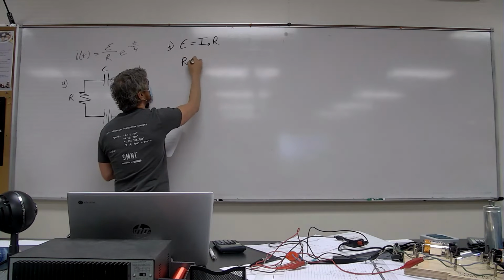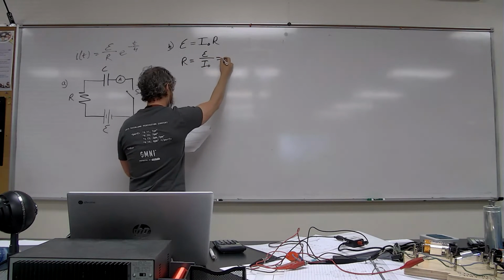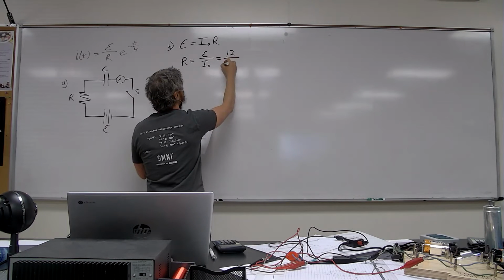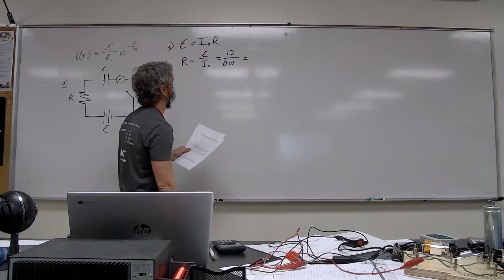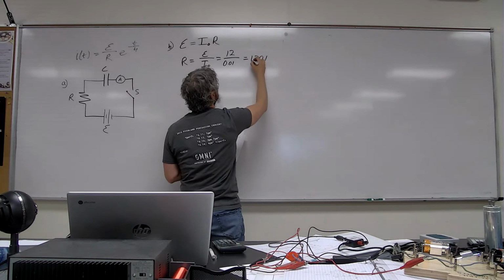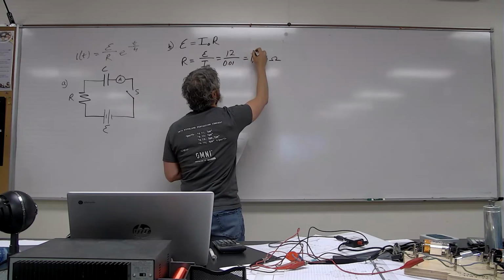So the resistance is going to be battery voltage divided by that initial current. We know our battery voltage is 12 volts, and the initial current is 0.01 amps. And that's going to be 1200 ohms.